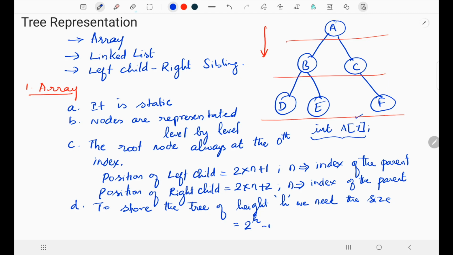I write clearly, oh it's gone, 2 power h minus 1.